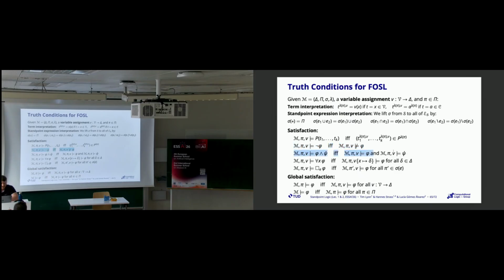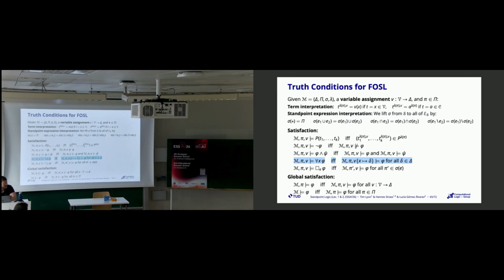We have that a conjunction is true relative to m, pi, and v if and only if both conjuncts are true relative to m, pi, and v. And then we have universal quantification, which makes use of this little bit of notation here, v, where I have this set brackets and x going to delta.